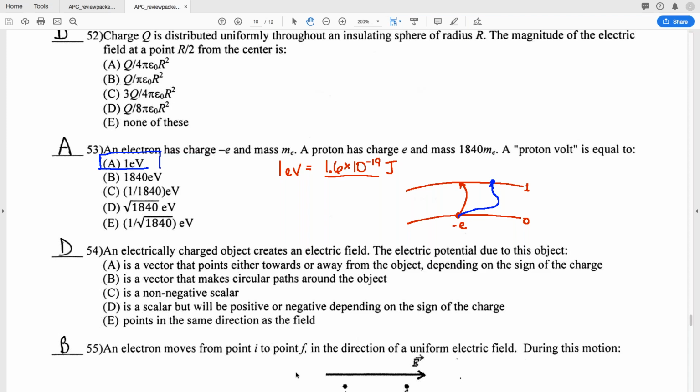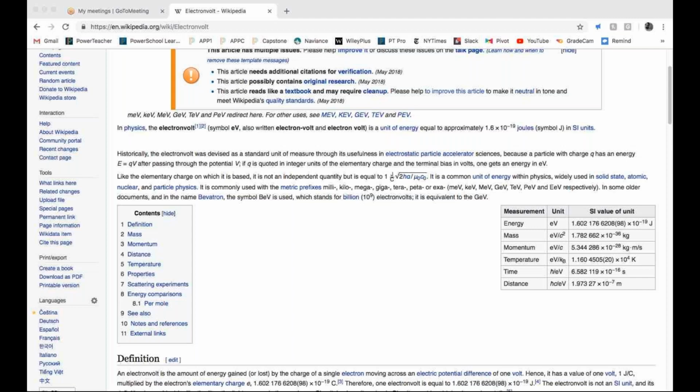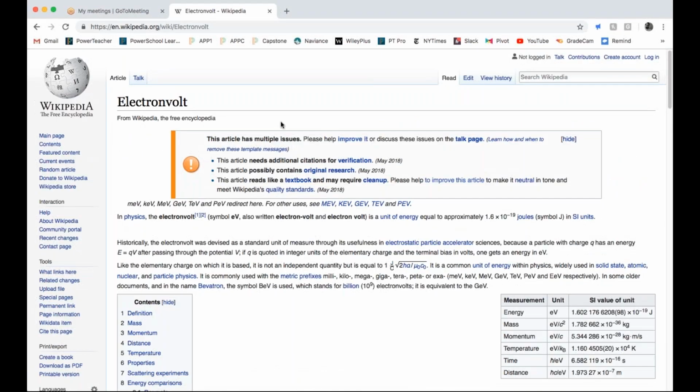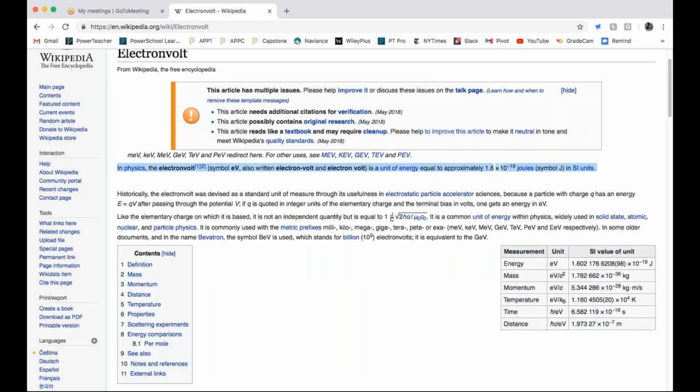I'm going to change the screen that I'm sharing and bring you to my Wikipedia page. Oh, it looks like you guys are on it with me anyway. So here's the Wikipedia page for an electron volt. And here we can see that it's 1.6 times 10 to the negative 19 joules.